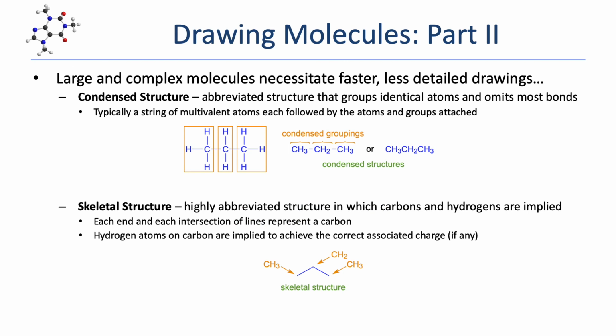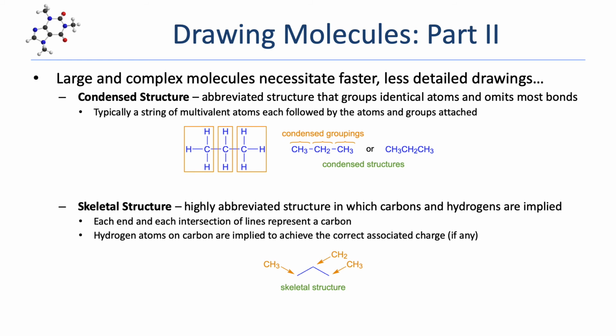Now, before we can really go any further in looking at how organic compounds are named, we do have to take another look at drawing molecules. We're going to be looking at much larger and more complex molecules, and that really necessitates less detailed and faster ways of drawing things. So I'm going to show you two new types of structures. The first, condensed structures.